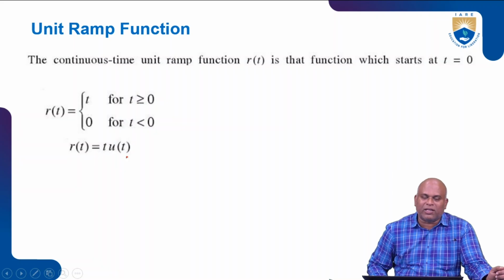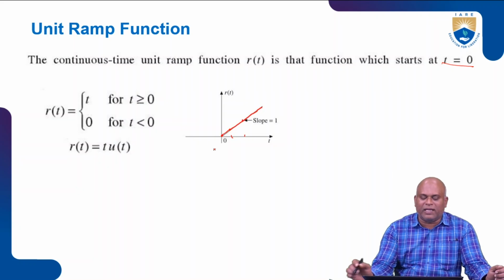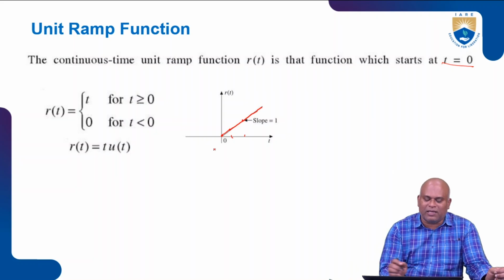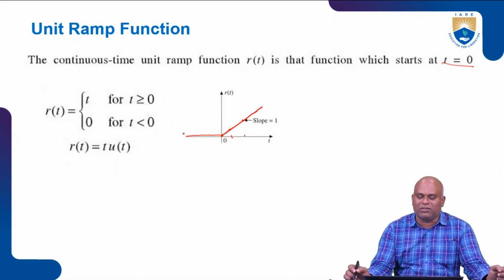This is represented in the graphical model like this. At t equal to 0, the amplitude is 0. At t equal to 1, the amplitude increases to 1. Then at 2, the amplitude is also 2. After that, you may join all the points to get the signal. The remaining portion, t less than 0, is all 0.